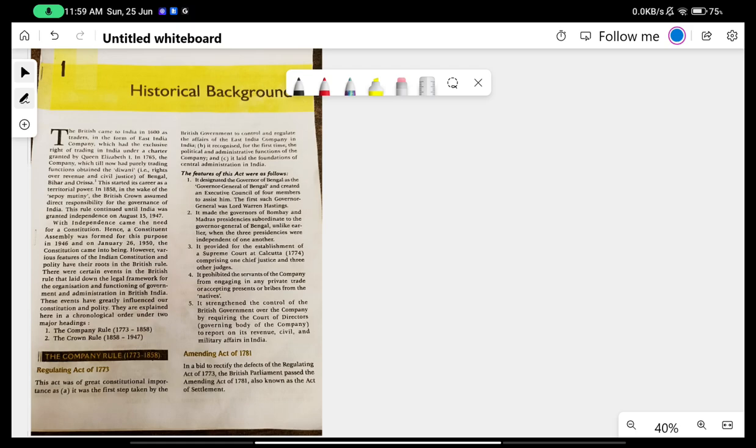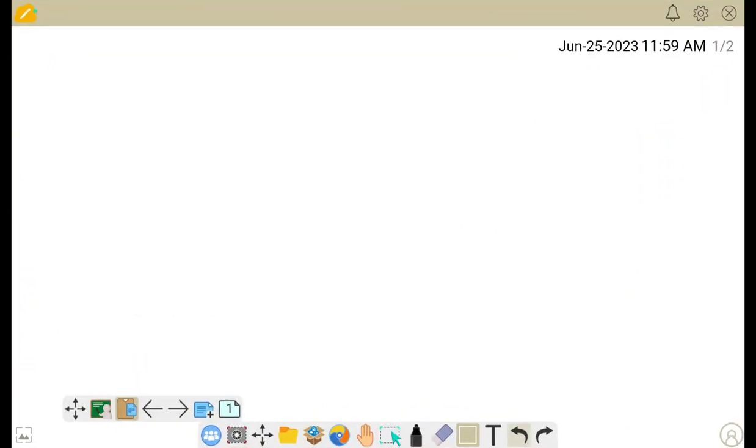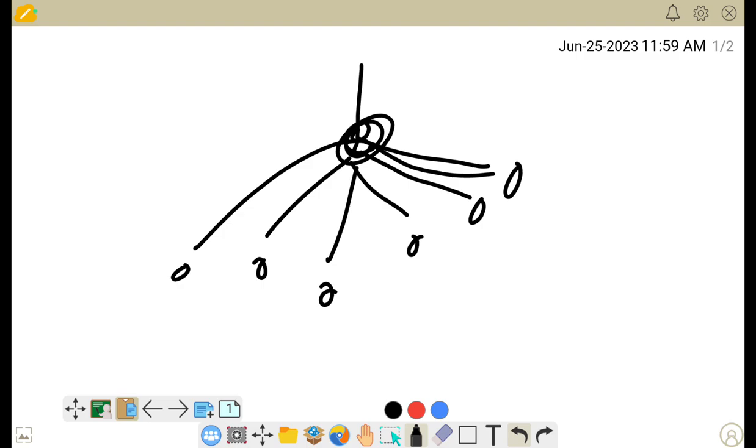And what is the central administrative system? It means there's a center and everything is connected to it. So the main force is the center. Let me show you. This is like a single unit, and then there are several branches that come out of it. I think you already know what the central administrative system is. There's a branch working here, there's a branch working here, and they all report to one single head branch that is here.